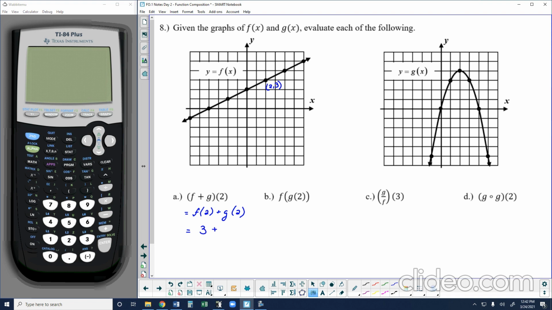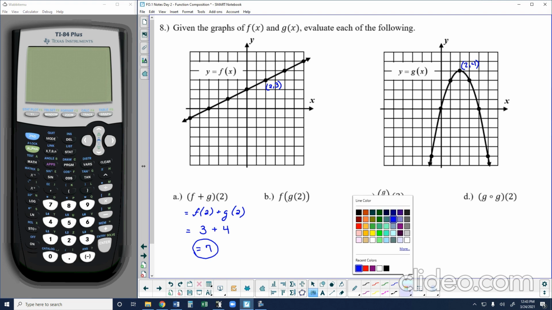If I go take a look at g of x, I would have a point 2, 4. So that means g of 2 would be the corresponding y value, 4. And so the evaluation of our expression is actually 7. So we're using the graph to find corresponding y values for given x values.